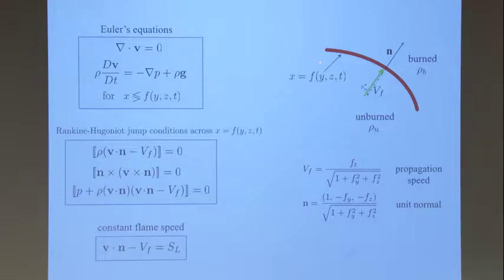Now I wrote the equation that describes the flame explicitly, x equal to a function of y, z and t. In fact, I will only do 2 dimensions, so it's going to be f of y. And so in this version, the normal and the propagation speed are as written here.